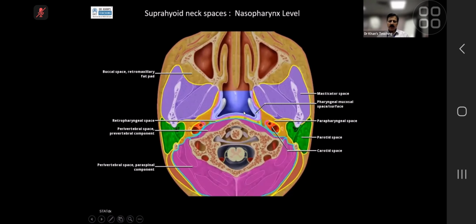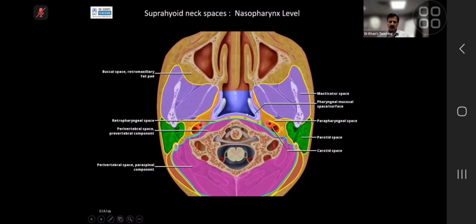But when we talk about the space concept, this inner mucous membrane is known as mucosal space. So you should not be confused by the terminology. Whether you call it nasopharynx or pharyngeal mucosal space, it's the same thing.